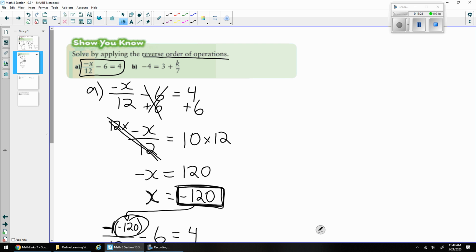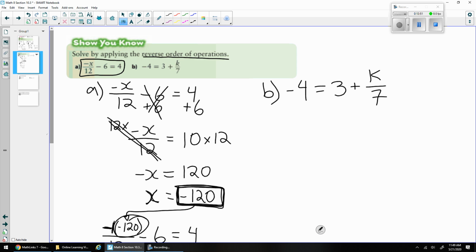Let's do the next example, b here. So b is negative 4 is equal to 3 plus k divided by 7. Okay, first thing I need to do is get rid of whatever's being added or subtracted to k. So this is 3 plus k.